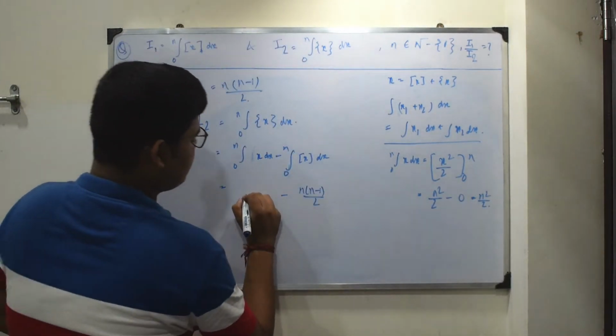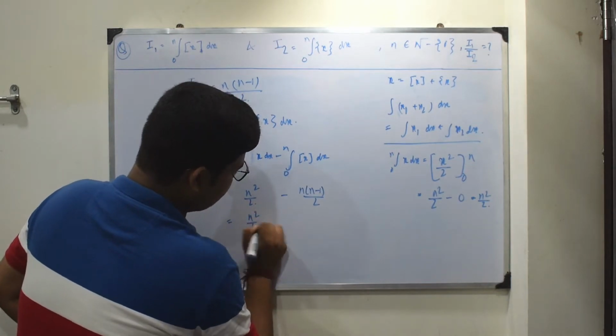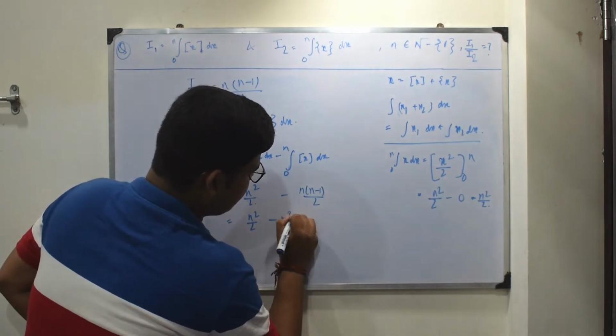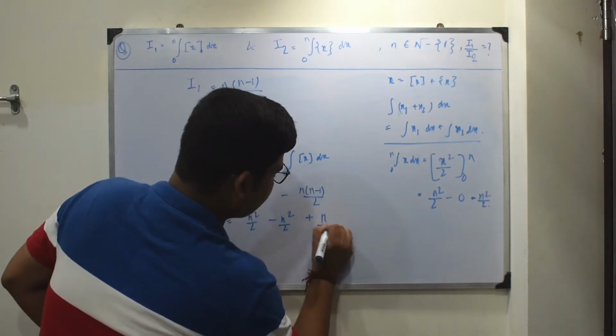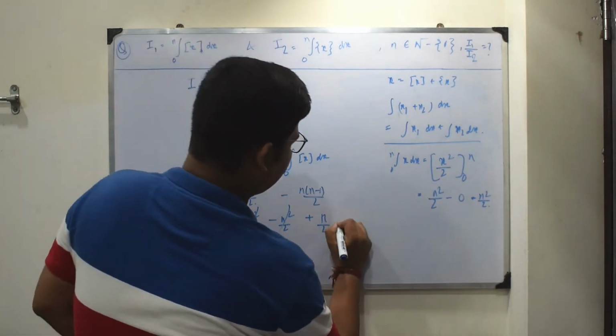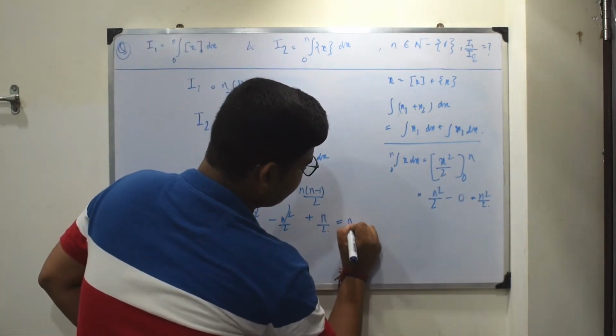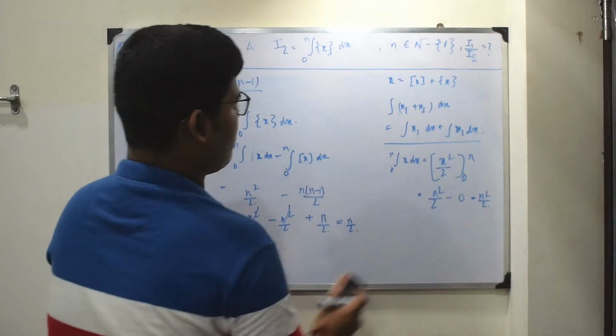So here it's coming as n square upon 2 minus n square upon 2 plus n by 2. The n square upon 2 gets cancelled, and my value of I2 is n by 2.